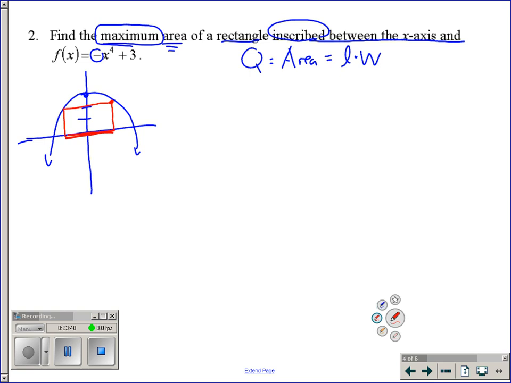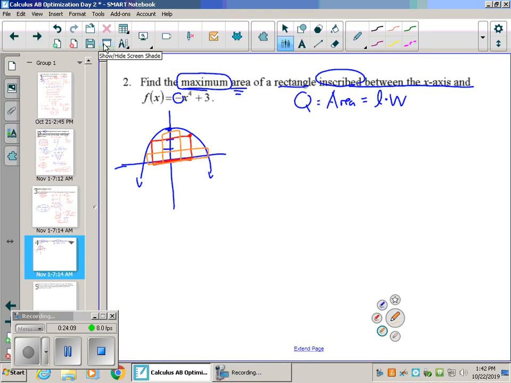And I don't know what size rectangle is going to give me the biggest area. It could be this rectangle, it could be this rectangle, or it could be the red rectangle I drew. There's some point at which I have a maximum area, and that's what we're going to find.